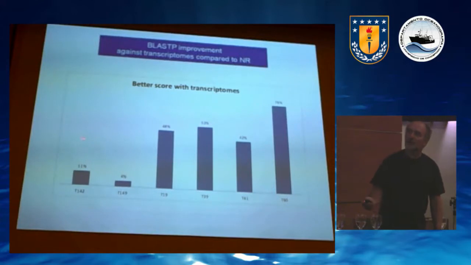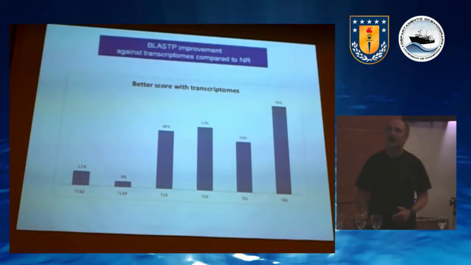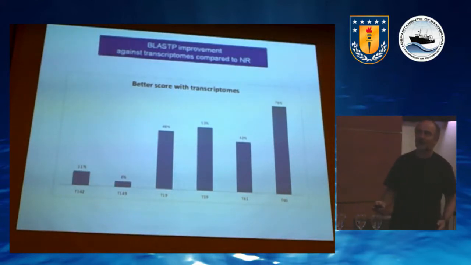And what happened when we do this, if we look at, so these are the Bathycoccus samples. If we compare the scores that we get with our BLAST between GenBank and the transcriptomes, we find no improvement, because now in GenBank we have Bathycoccus.